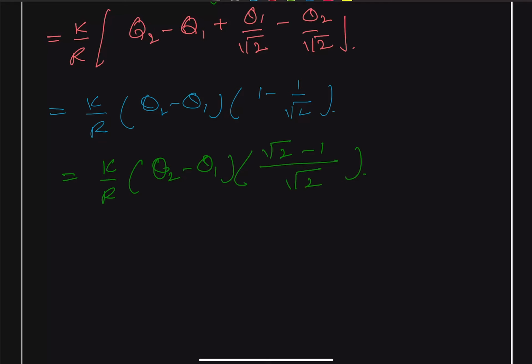Work done. Work done will be equal to, as we move charge Q, and this will be K and Q2 minus Q1 and square root of 2 minus 1 divided by, we have here R and square root of 2, and K is our 1 by 4 pi epsilon naught.